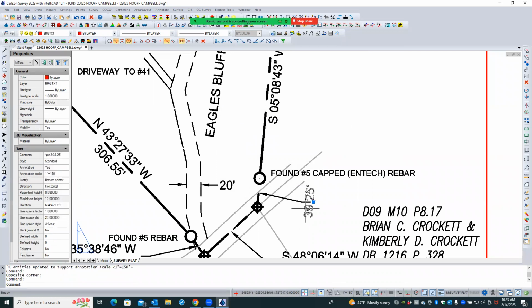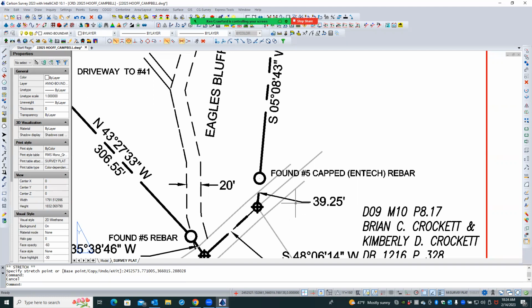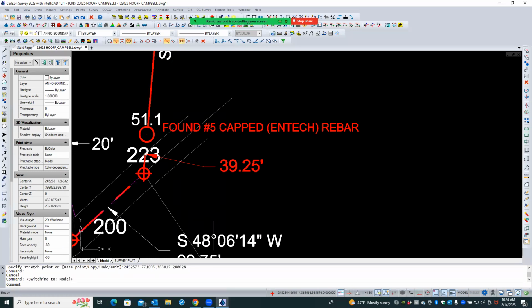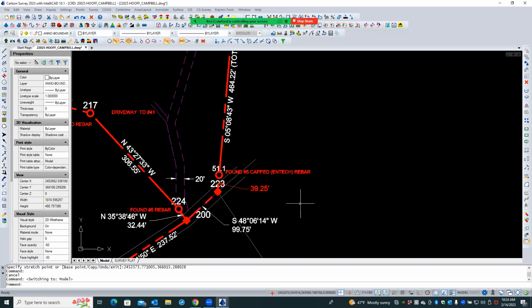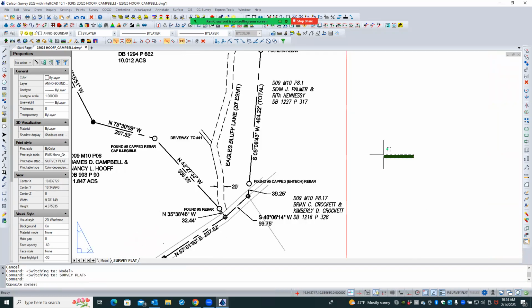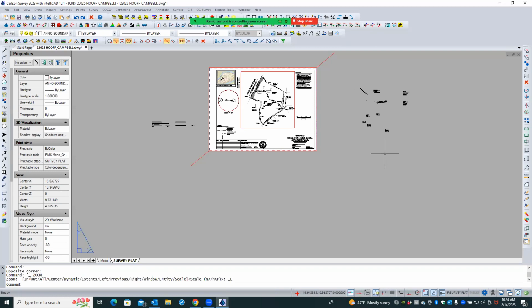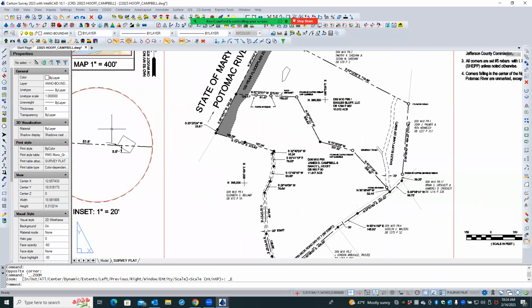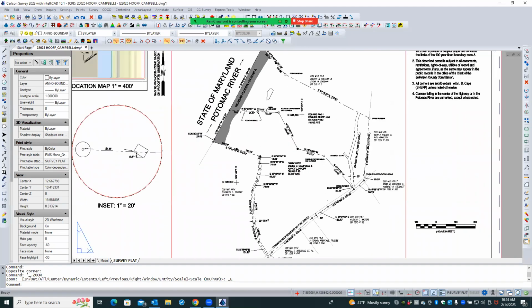Now set that to east. And now there's your arrow. And if we're back here, everything looks good. Let's make sure everything here looks good. Everything all right? Yeah. Okay.